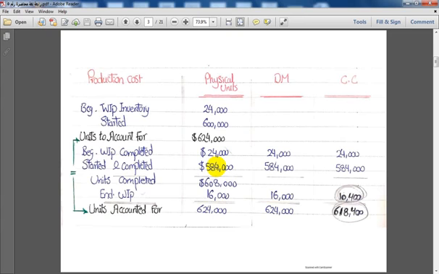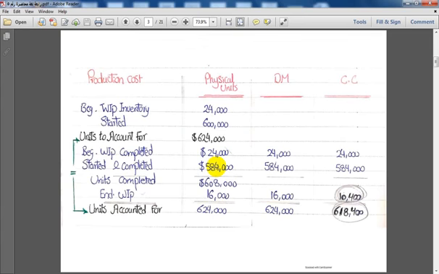From the information, cost of beginning work in process: direct material 750,000, direct labor 215,000. Overhead is unknown, but we have a note which said the overhead is applied to each product at the rate of 70% of direct labor cost.